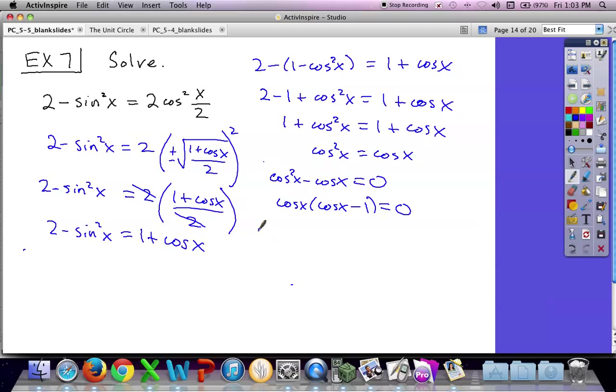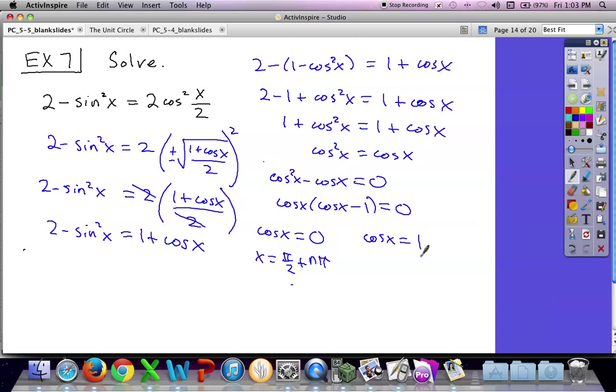Right? If cosine x equals 0, then x equals pi over 2 plus n pi. Right? And if cosine x minus 1 equals 0, then cosine x equals 1.